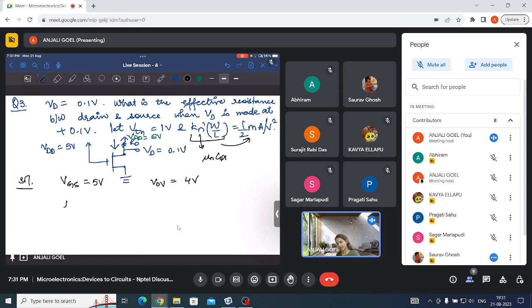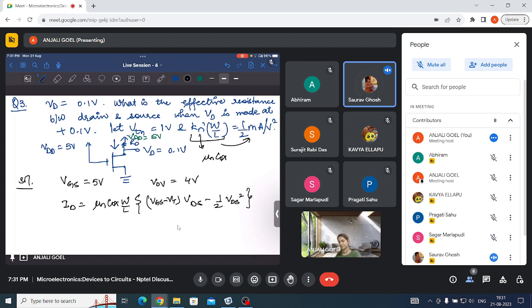And ID is equal to mu n Cox W by L (VGS minus VT) VDS minus half VDS square. Does everyone agree with this? Yes, ma'am, it is correct.